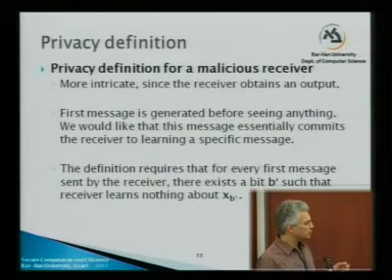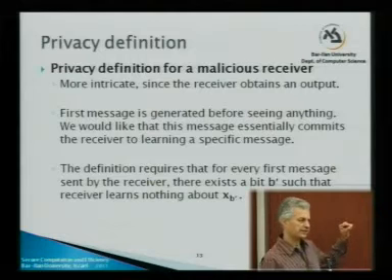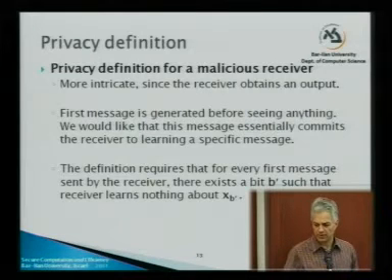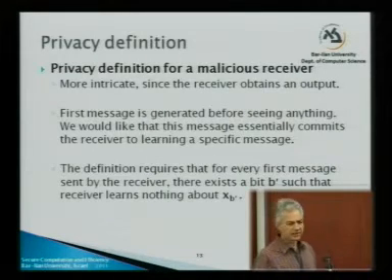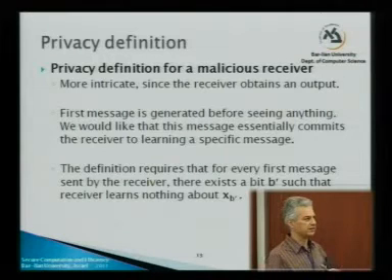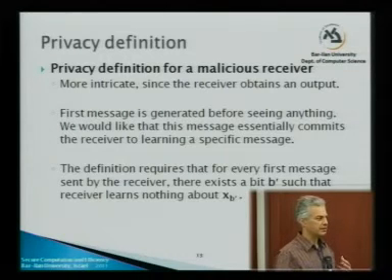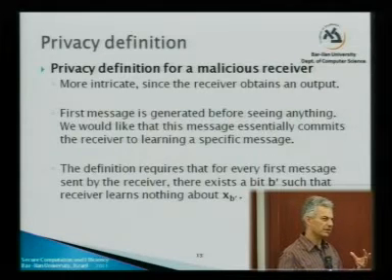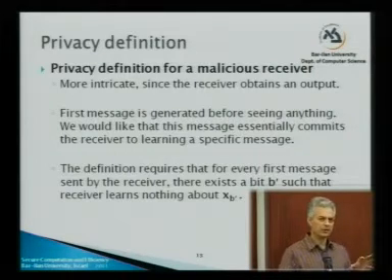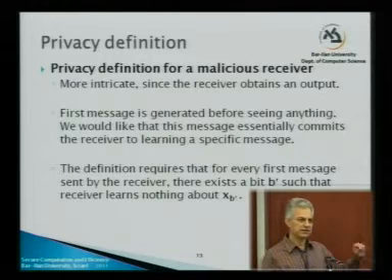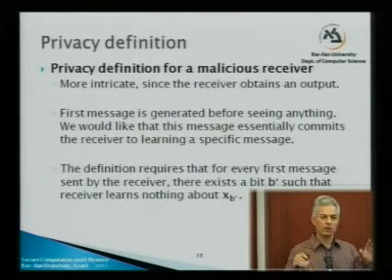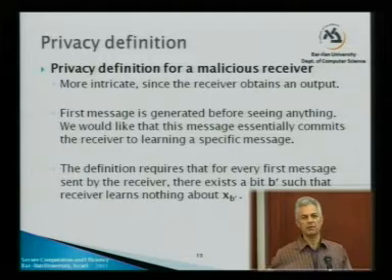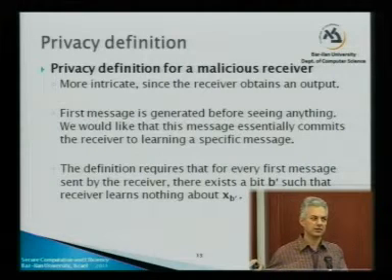The definition, which I don't put here in an exact way, just in a hand-waving way, is that after the receiver sends its first message, it essentially commits to learning one input of the sender. Put more accurately, the first message of the receiver commits to not learning anything about one of the messages of the sender.